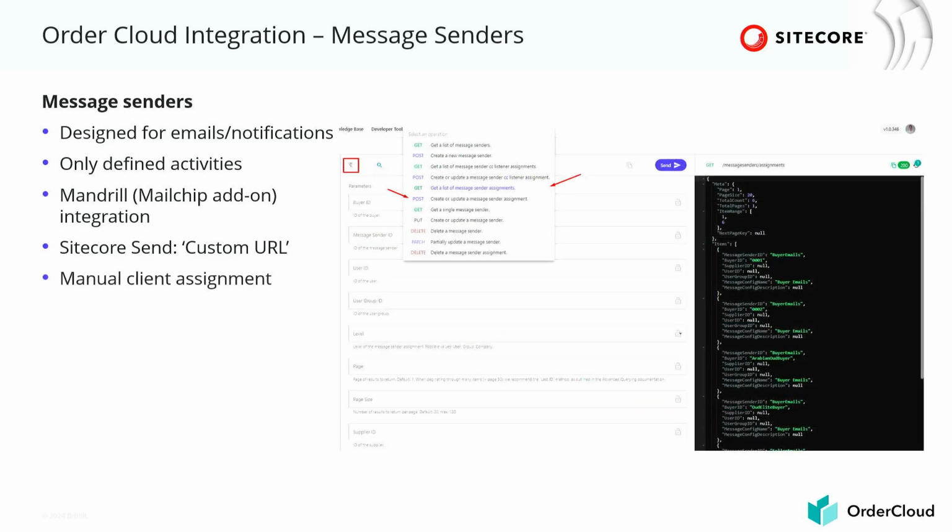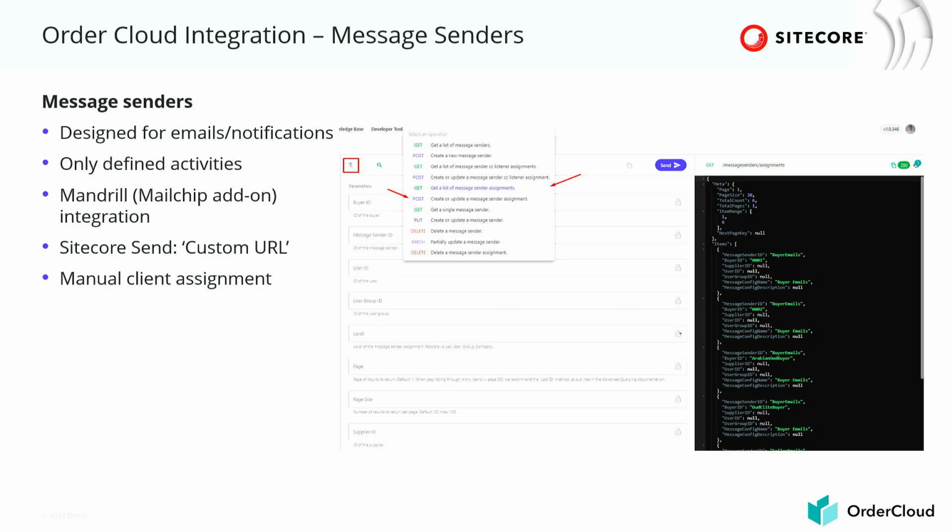And in comparison to webhooks, almost everything here can be configured in the enhanced UI, but some things still need to be done with API calls. For example, assigning a message sender to buyers, which is basically brands. If you have multiple brands and you want to connect a message sender with brands, you should do this connection manually with an API call.